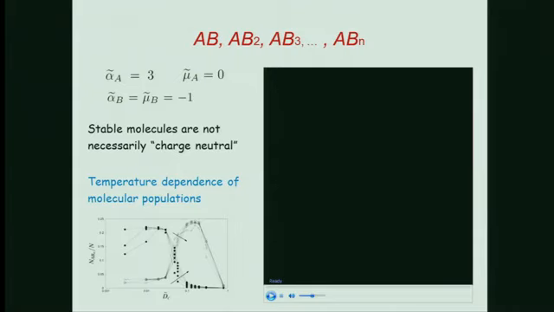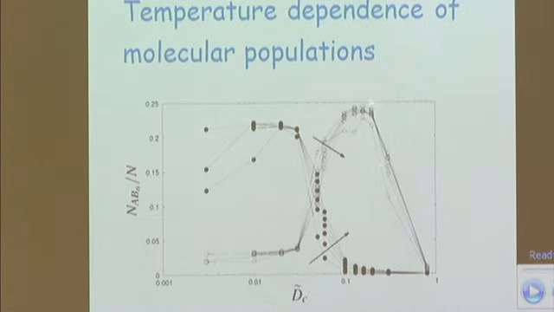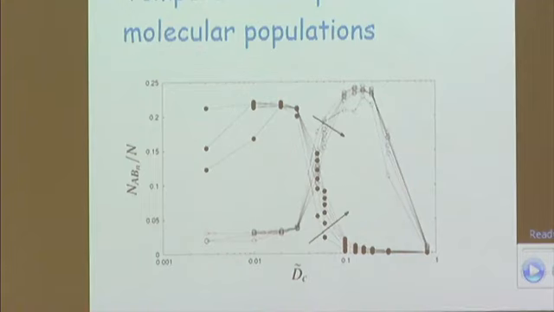That's the effective dimensionless diffusion coefficient of individual colloids. As you can see, at low temperatures, AB2 is the most stable molecule which forms, and then at some point it gives way to AB, which happens to be dynamically more favorable in that situation. Both of which are active.